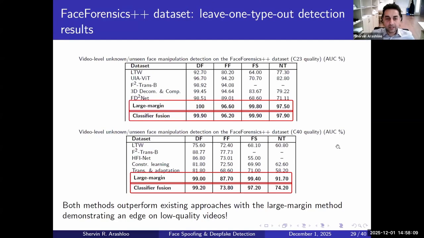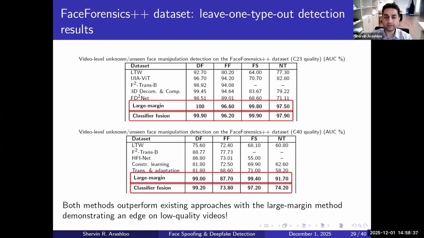So, a summary of these two results. The FaceForensics++ dataset is a very widely used dataset for deepfake detection. It has 4 types of deepfake videos: DF, FF, FS, and NT. These refer to each one of those types of deepfake videos. There are 2 versions of the dataset that are commonly used.